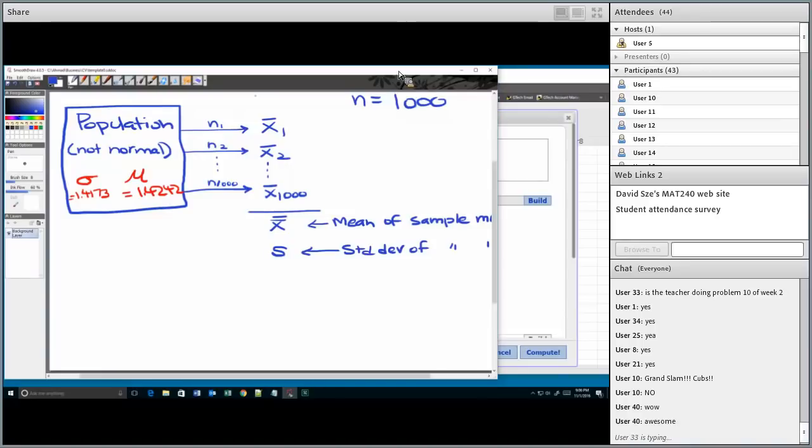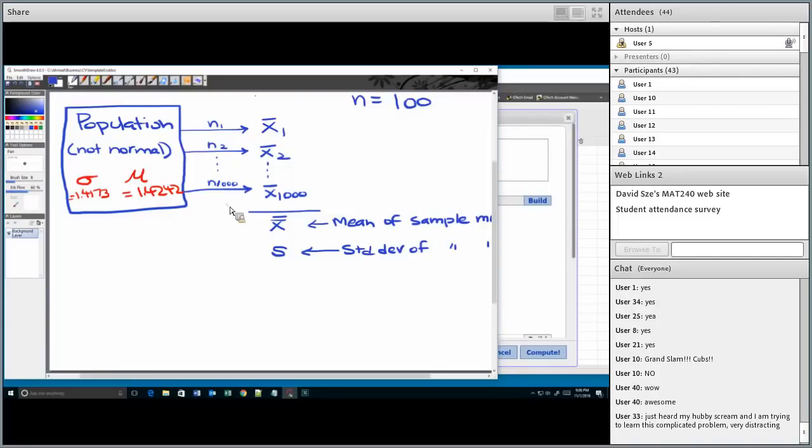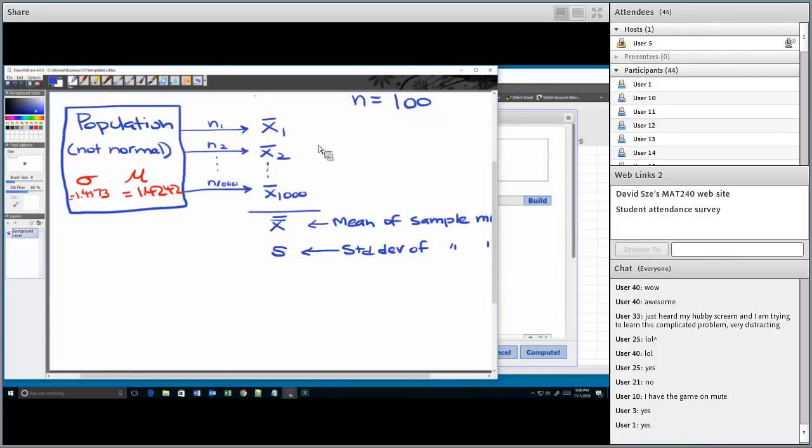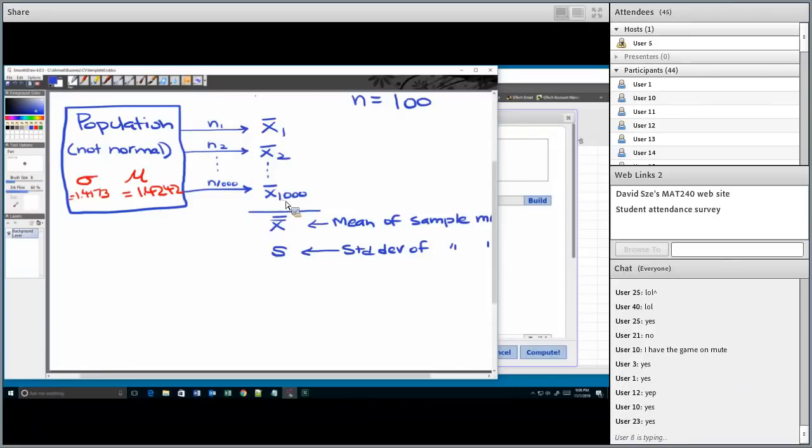I'm going to take a sample size of 100, and I'm going to do this 1000 times. So N1 represents the first sample of size 100, N2 represents the second sample of size 100, and we do this 1000 times. Is everyone with me here? Here's the 1000th sample of size 100, and I calculate its mean. So let's do this now.